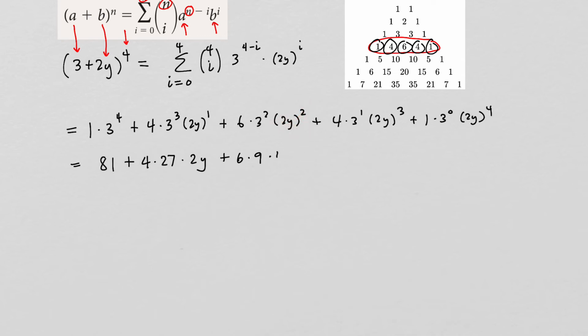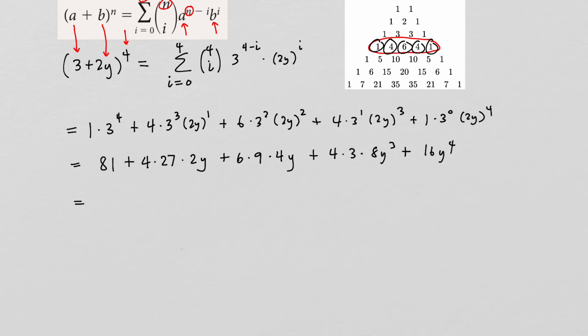So 2 squared is 4, and then times y squared. Then we have 4 times 3 times, here we have to cube the 2. 2 cubed is 8, and then y cubed. And then we end up with 1 times 1, and then 2 to the fourth power is 16. So we have 16 y to the fourth.